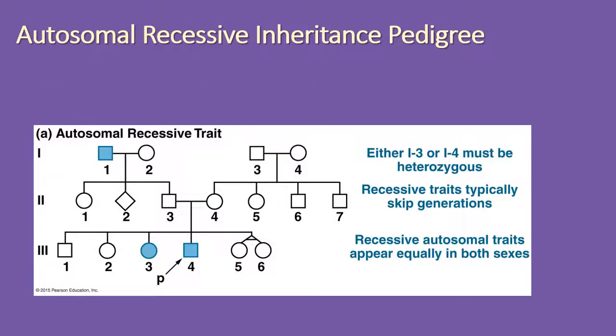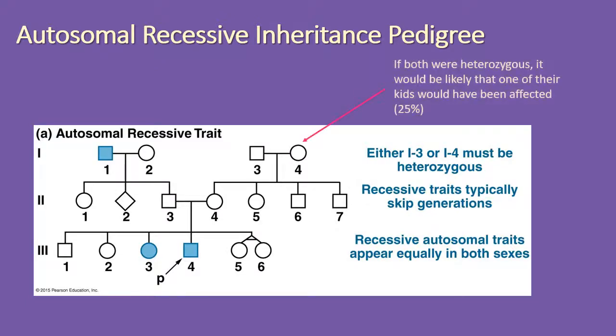All right, here's an example of an autosomal recessive pedigree. Here you've got a couple that doesn't have any children with the trait, but clearly one of their children is a carrier.